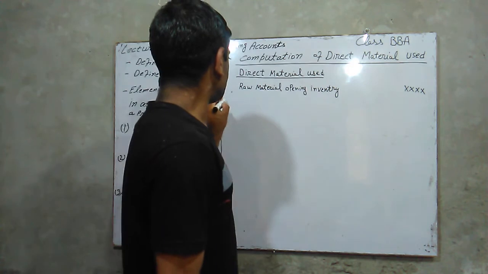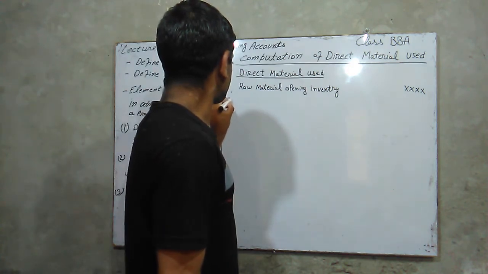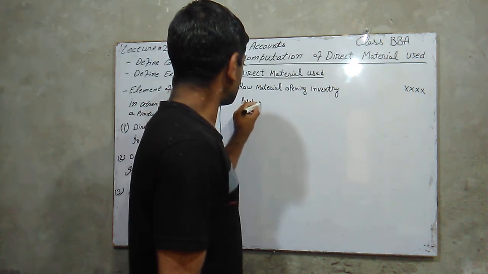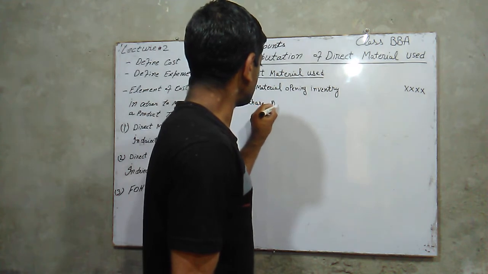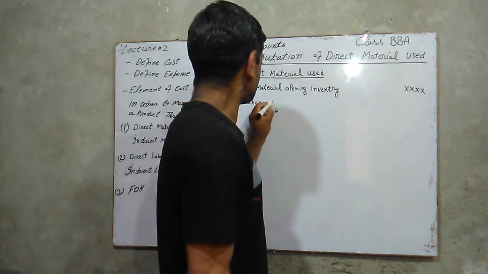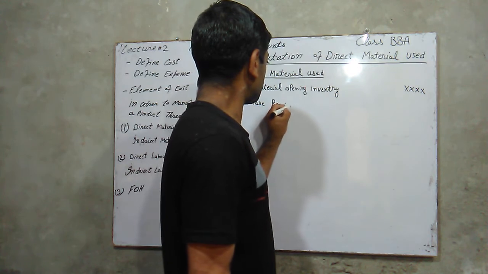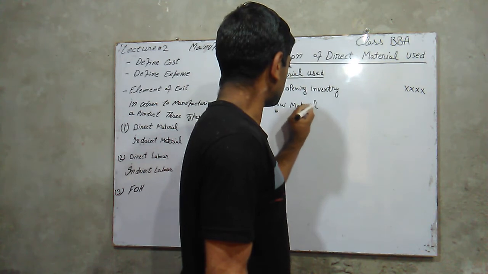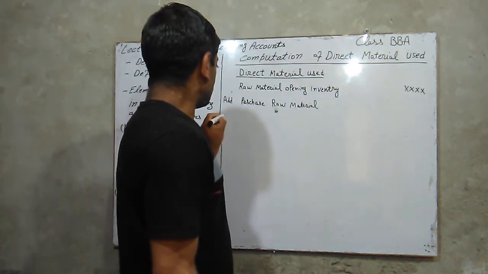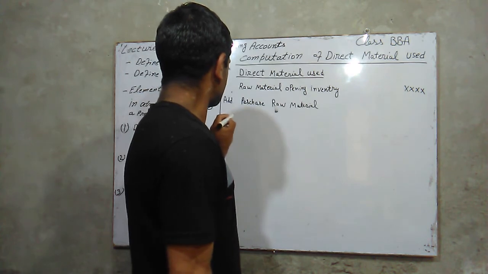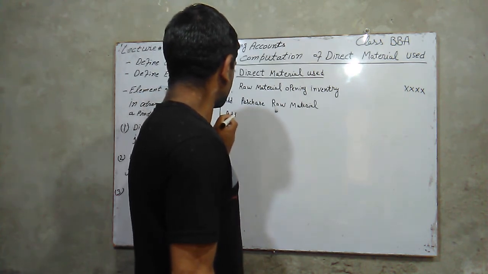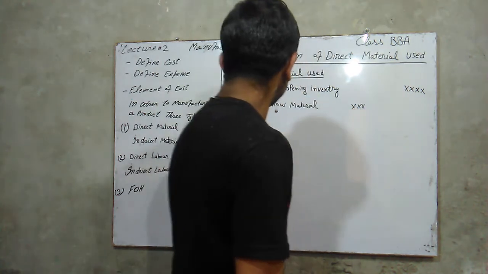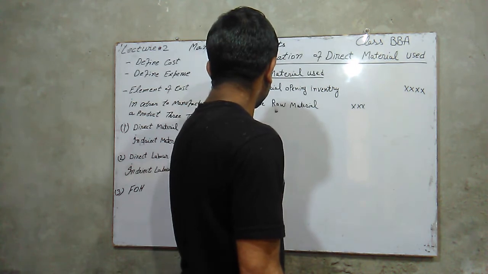So next, add purchases, purchase of raw material. Add transportation expense.